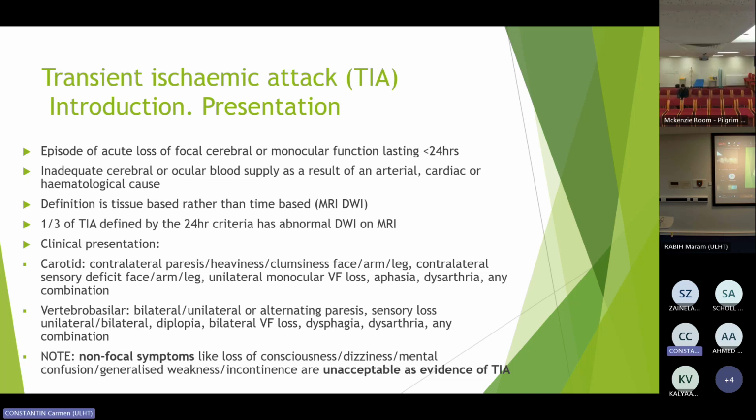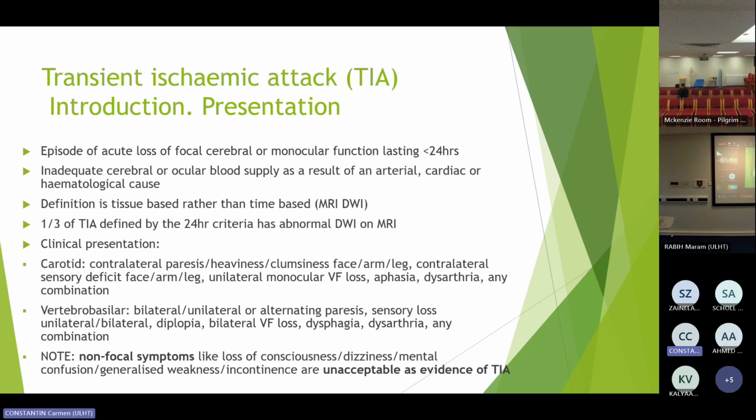I'm going to dissect this definition further down. It's caused by insufficient cerebral or ocular blood supply as a result of an arterial or cardiac or hematological cause. So the definition is actually tissue-based rather than time-based.